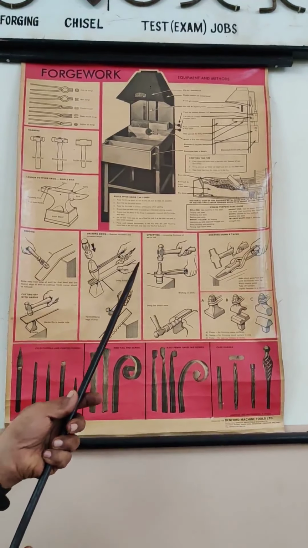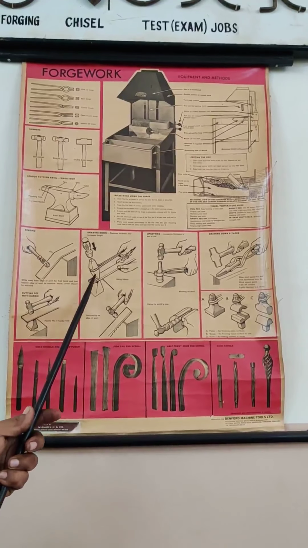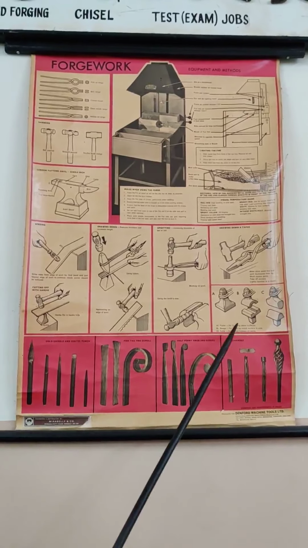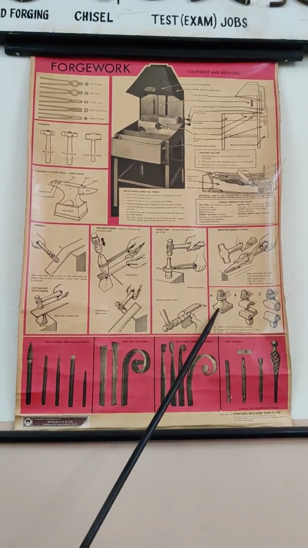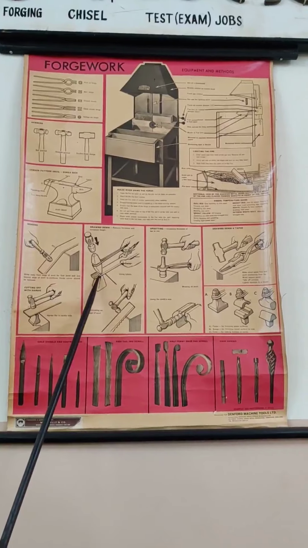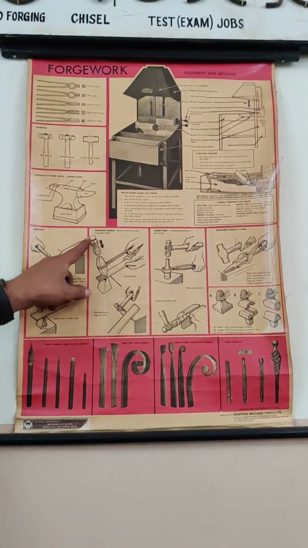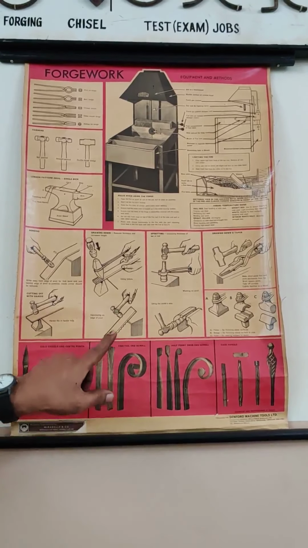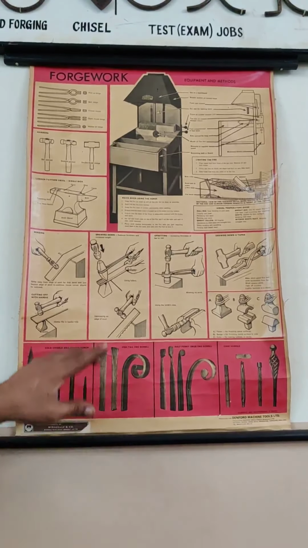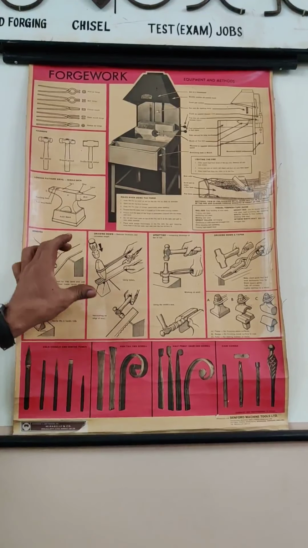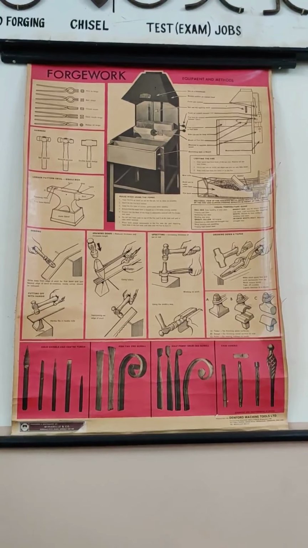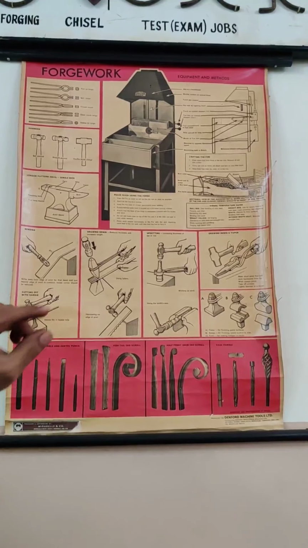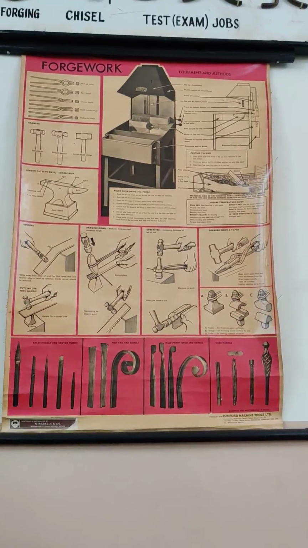Okay, so when a whole bar is reduced by these two operations, that is fullering and flattening, fuller and flatter, using these tools, it is called drawing down. So two sub operations, fullering and flattening. When we use both these operations, it is called drawing down. The whole length of the bar is increased at the cost of the width. The width is reduced. Okay, so that is drawing down.